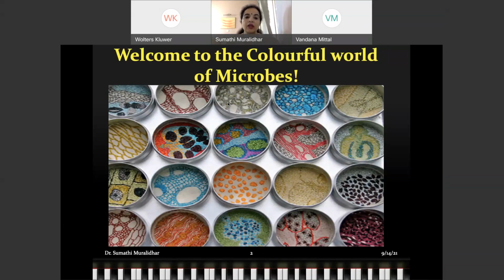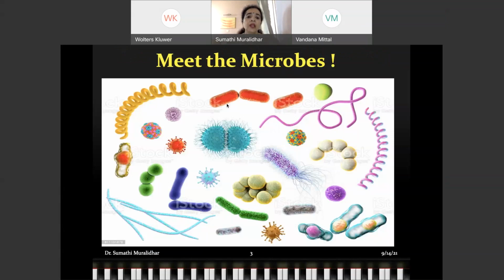Bacteria and other microbes, including fungi, are many of them pigment producing. Apart from color, you will also see a lot of shapes and sizes of bacteria and microbes, and they are known for varying in shapes and sizes.